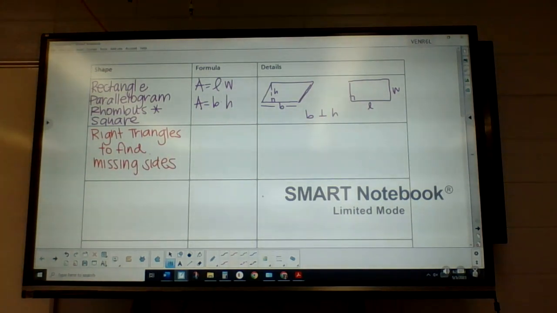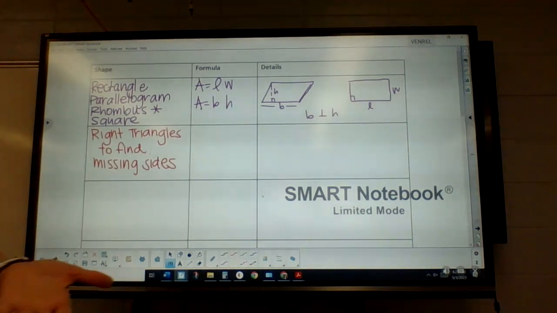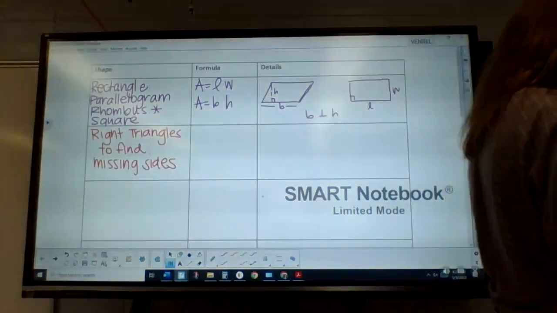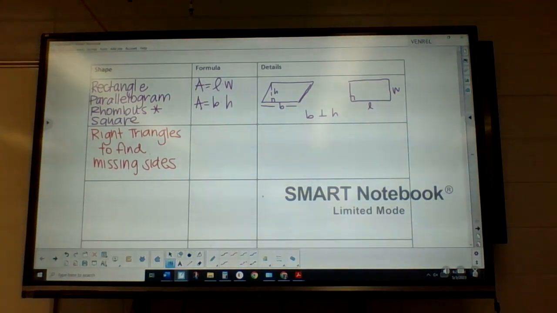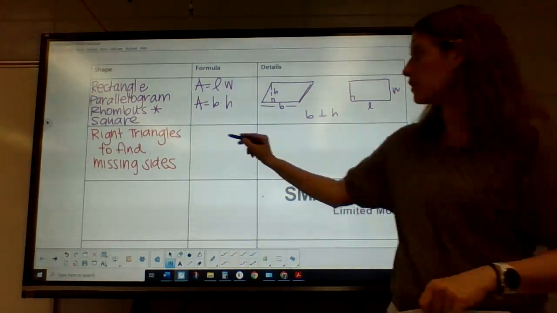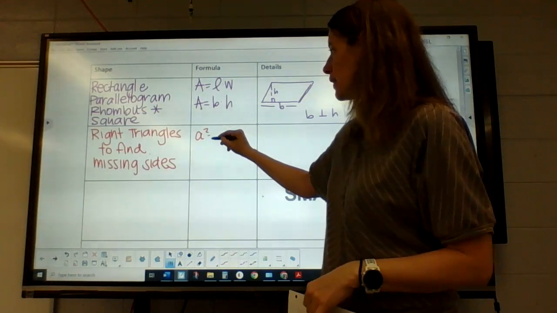So we learned that in a lot of these problems, we don't know all the sides of the shape or whatever we're looking for. So we want to use two different types of formulas.